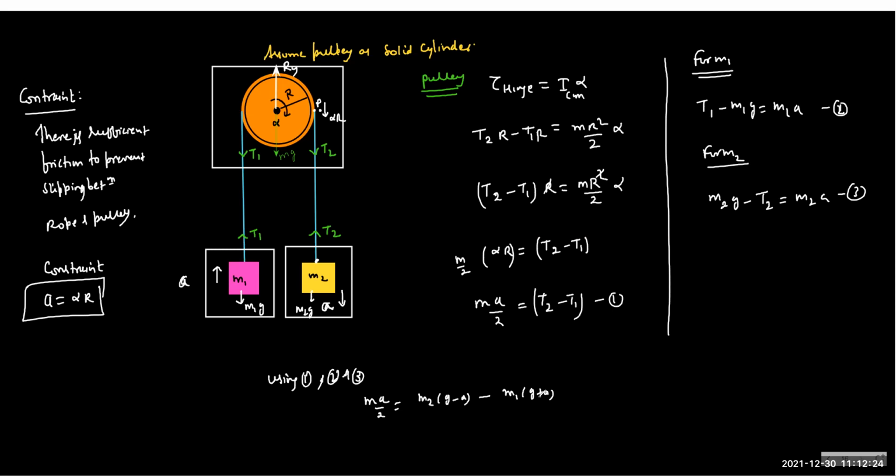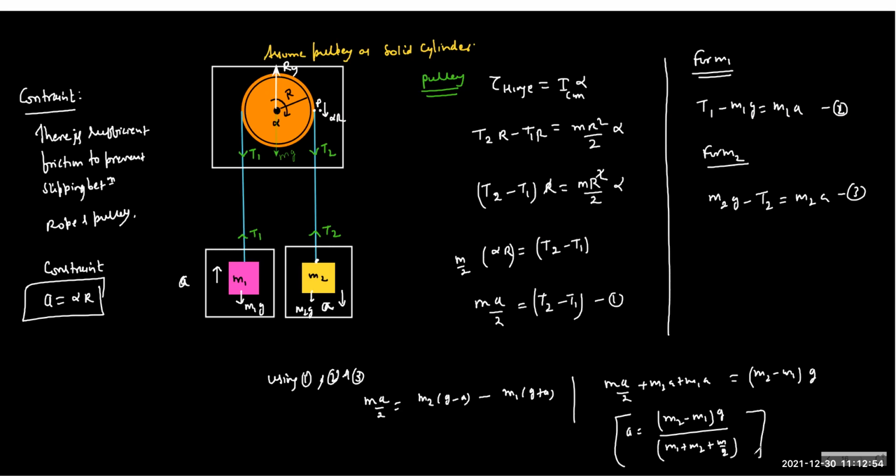Now you just need to rearrange: Ma/2 plus m2a plus m1a equals (m2 minus m1) into g. And the answer is simple: (m2 minus m1) g upon (m1 plus m2 plus M/2).